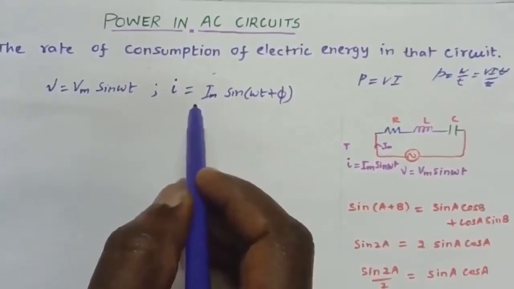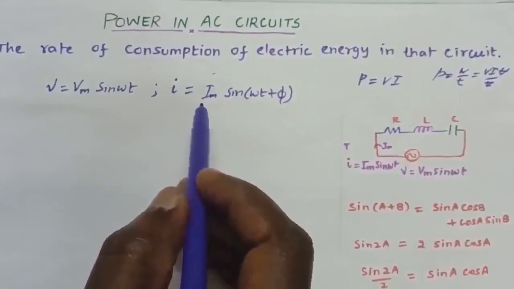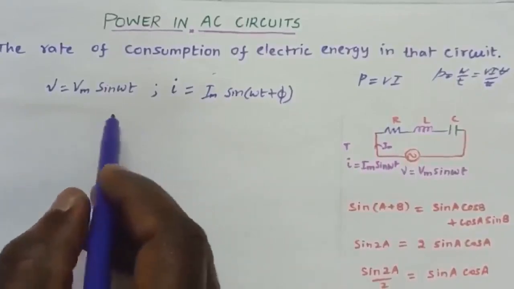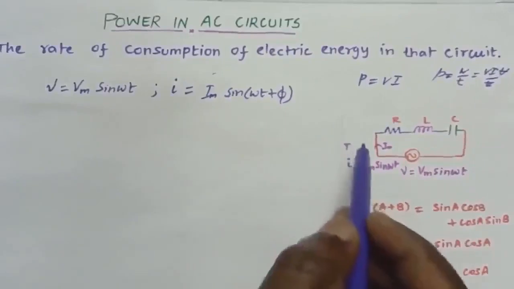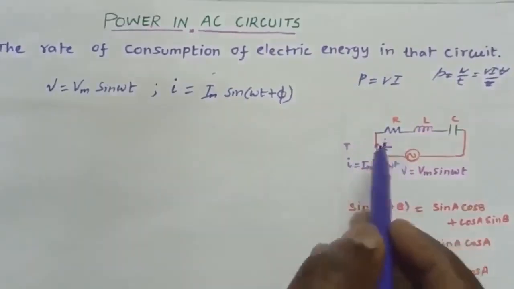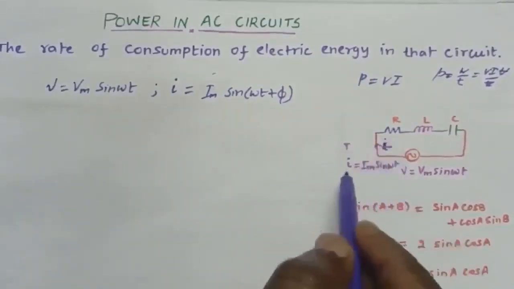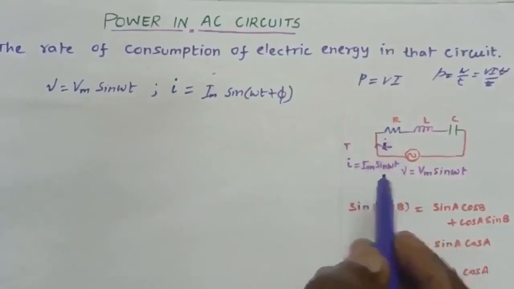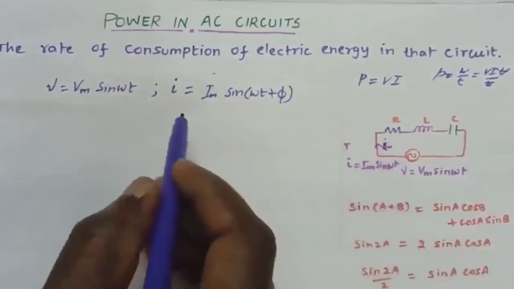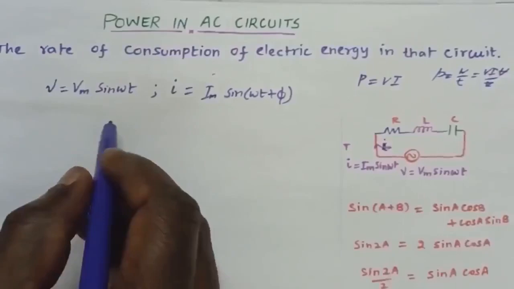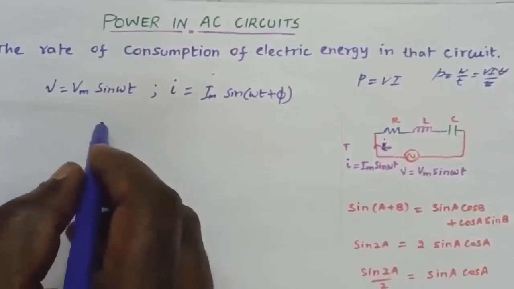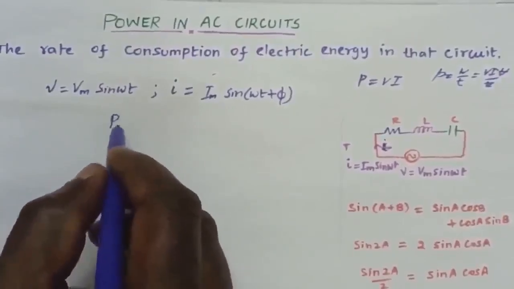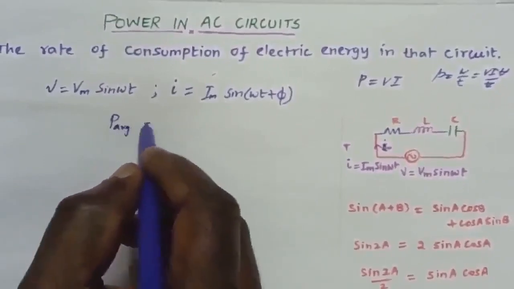Now calculate the average power. The instantaneous current I is equal to Im sin(omega t plus phase angle). Now write the equation of average power.